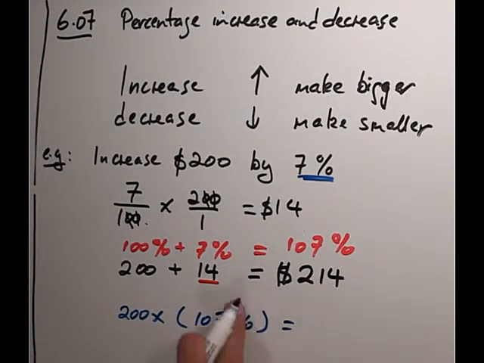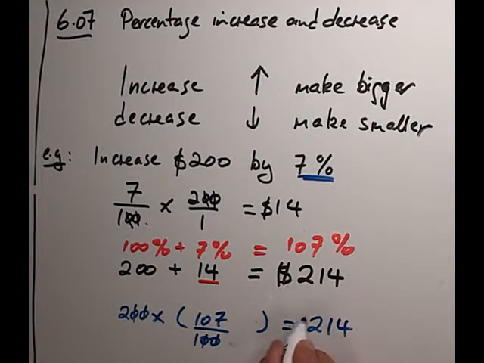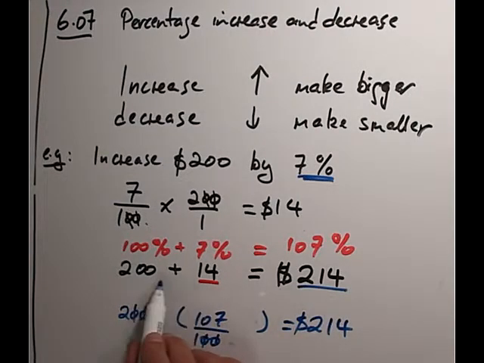So that 107% can be rewritten as 107 over 100. Let's cancel. Now I'm left with 2 times 107. 2 times 100 is going to be 200. 2 times 7 is 14, which gives me $214, which is the same answer as when I worked it out separately as 7%, then added that to 100.